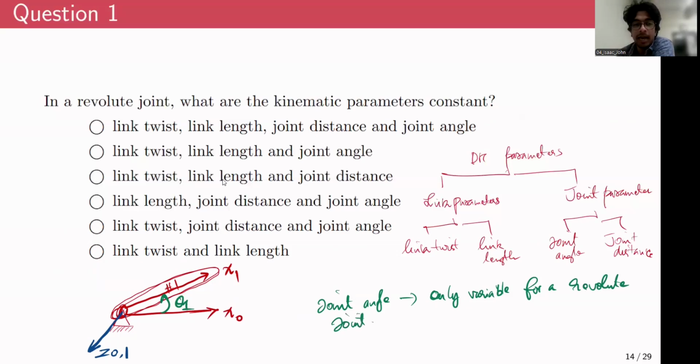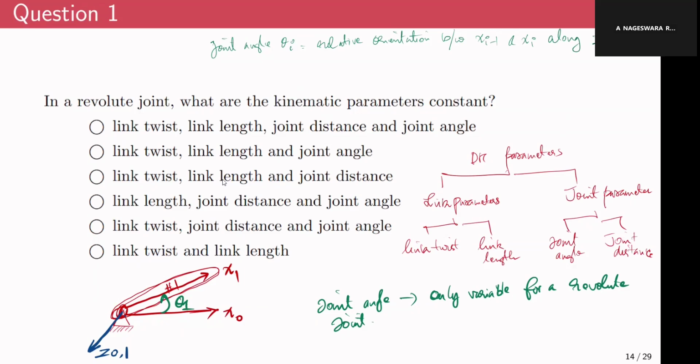As per the definition, joint angle theta i is nothing but the relative orientation between xi minus 1 and xi along zi.